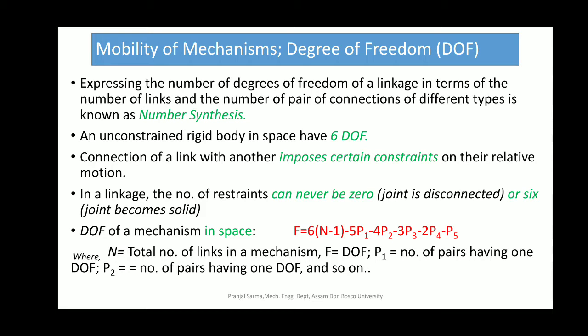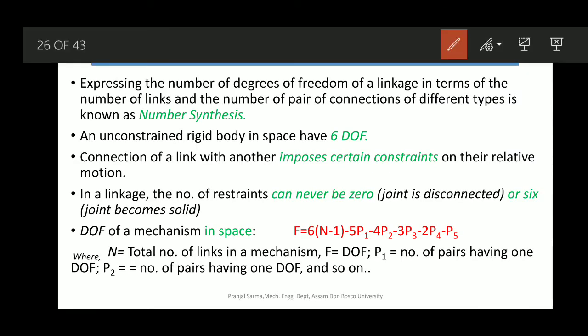So the number of restraints can never be zero in the case of linkages. It can never be 6 either, because in that case it will once again behave just like a rigid body. If it is 6, it is just like a solid body, or the joint becomes solid.